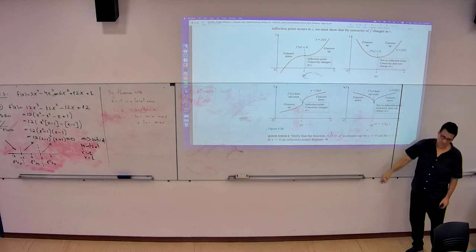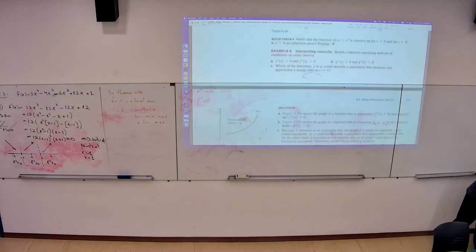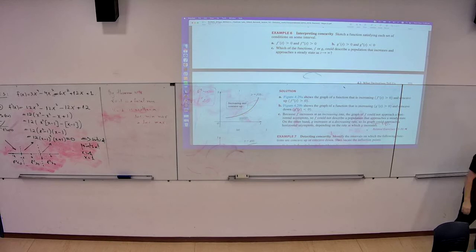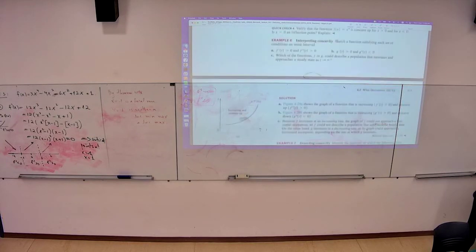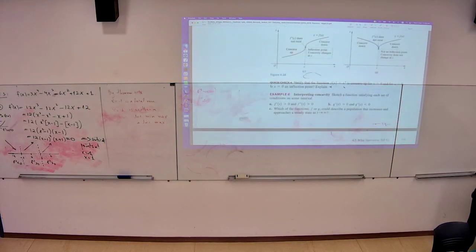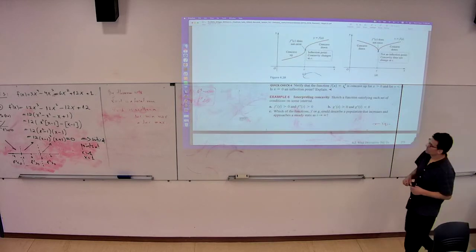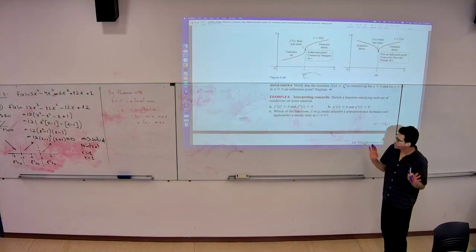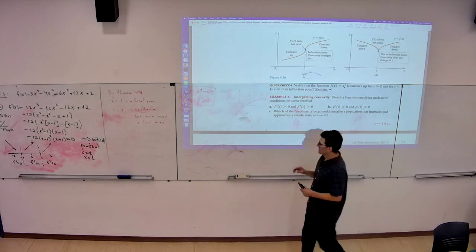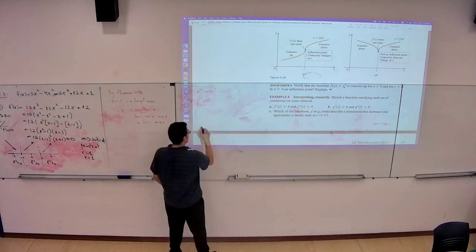Okay, with all these ideas, let me tell you something very quick about example number 8. This is the first approximation to sketching functions.